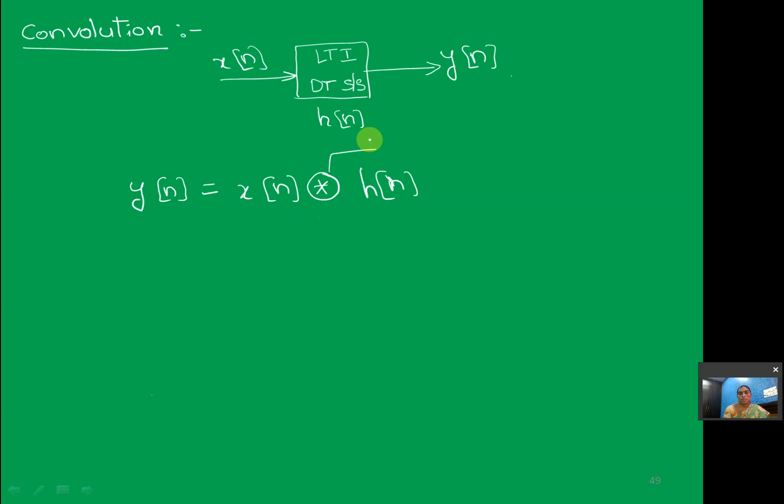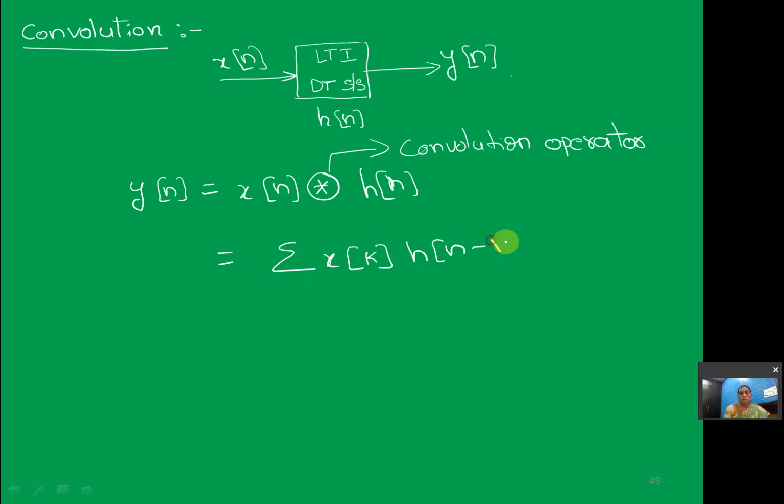This is nothing but the convolution operator, and it is nothing but summation x of k h of n minus k, where k goes from minus infinity to infinity. In this way we can calculate the output.